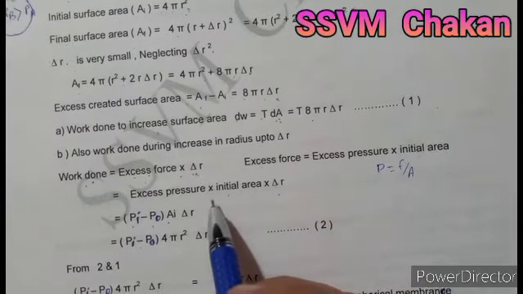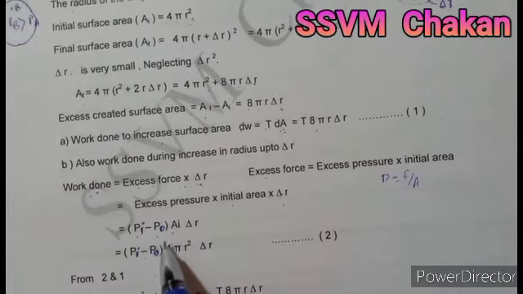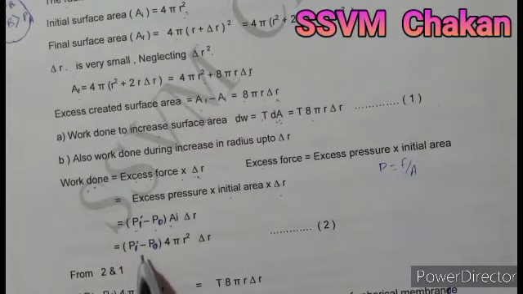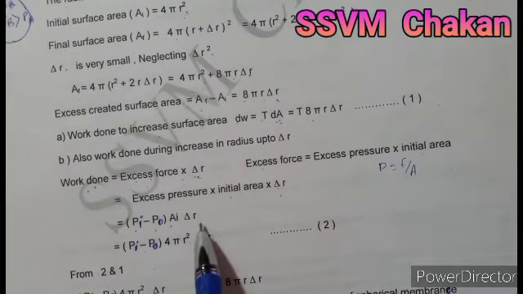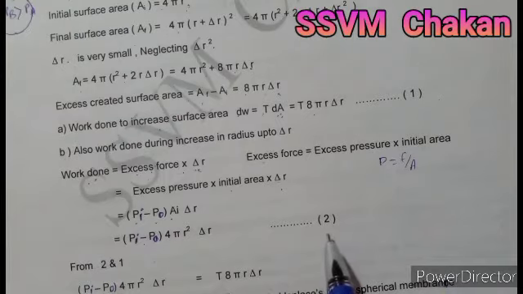Excess pressure means inside pressure minus outside pressure, so (P_i minus P_0) into initial area into delta r. Substitute the value of initial area 4 pi r square into delta r. We get equation number 2.